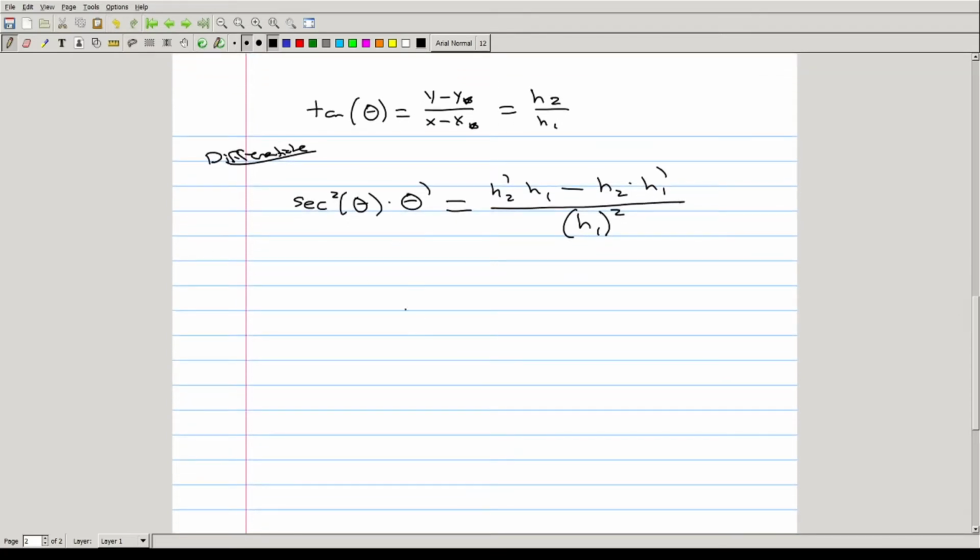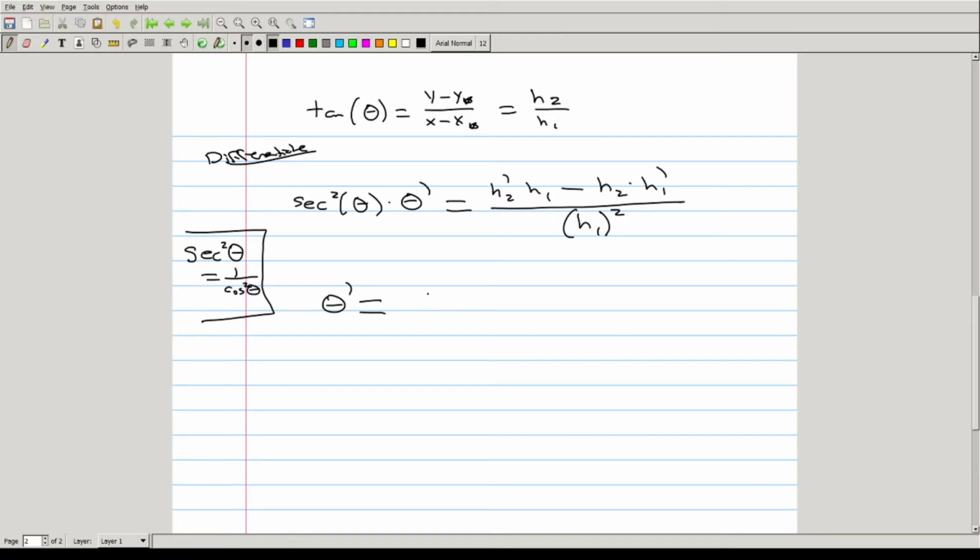Which looks a little bit more complicated until we realize and kind of break down what everything is here. Remember, secant squared is the same thing as 1 over cosine squared. So this is the equation we solve for theta prime.